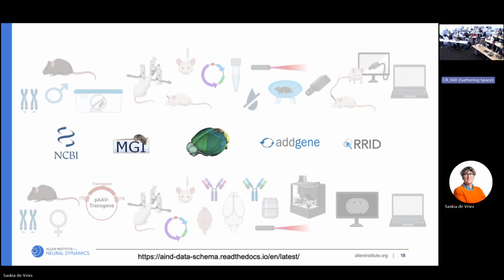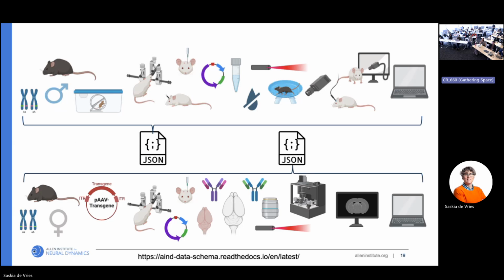When I call it one thing and you think of it as another thing, we might not understand we're talking about the same transgenic line. This allows us to put an identifier on it to be very precise, so that we know we're talking about the same thing. These are a few of the ontologies and databases that we lean into, but there's definitely more as well.